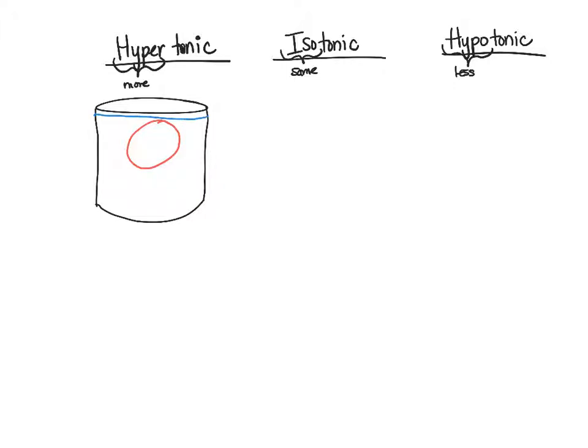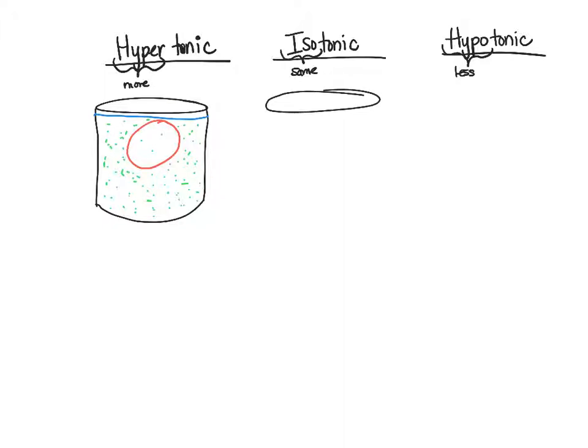If that solution is hypertonic, what that means is that it has more solutes in the solution than there is inside of the cell. So we're placing our cell in a hypertonic solution.